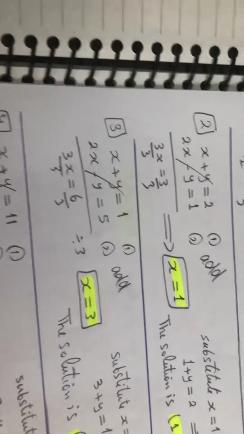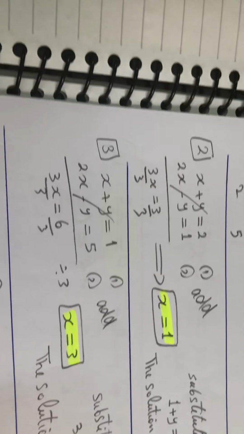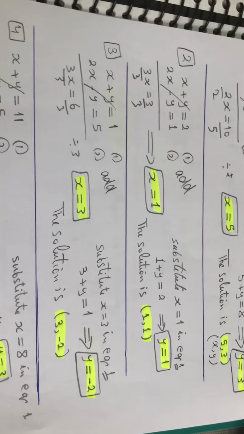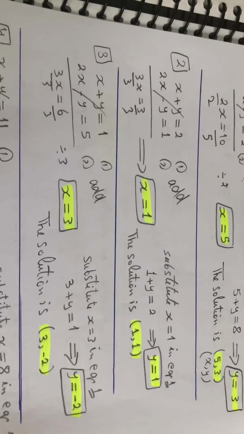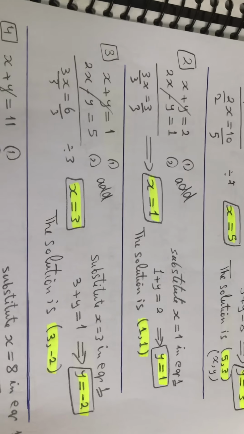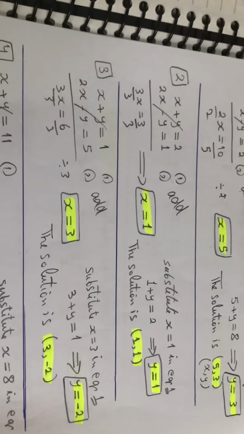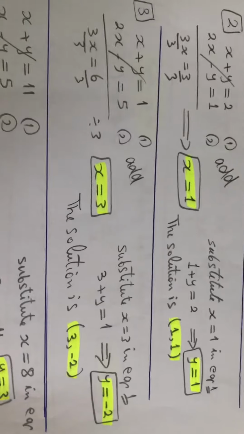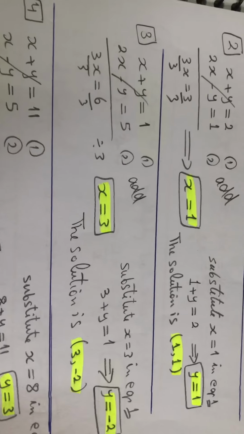So you have 3x equals 6, divided by 3, x equals 3. Substitute x in any equation you want to get the value of y. I substituted in equation 1, so 3 plus y equals 1, so y equals negative 2. The solution is x first and then y: 3 and negative 2.